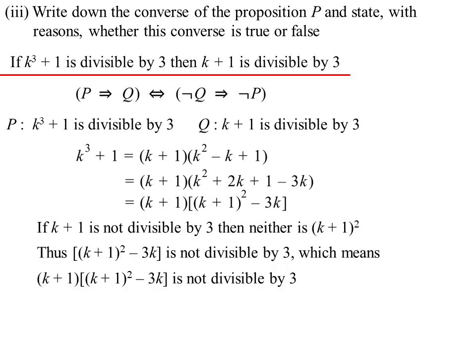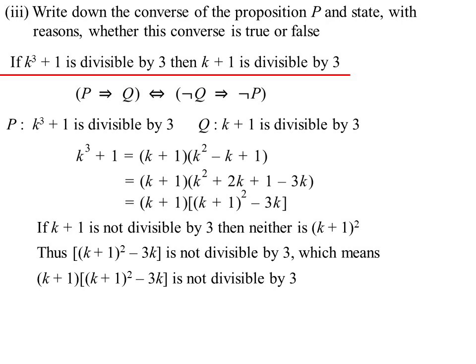If (k plus 1) squared is not divisible by 3, but the second term, 3k, is divisible by 3, that means the whole parentheses can't be. There's no common factor to pull out. The 3 is in the 3k, but (k plus 1) squared doesn't have a factor of 3, so we can't pull it out. So it's not divisible by 3.